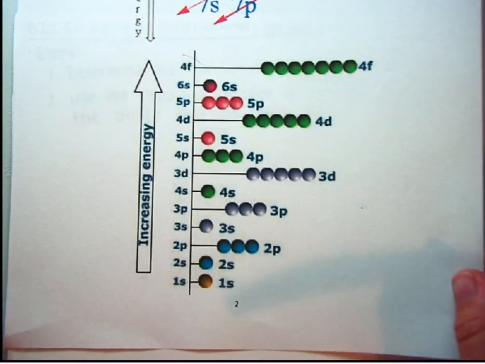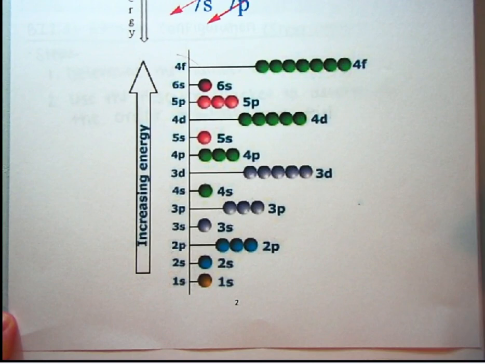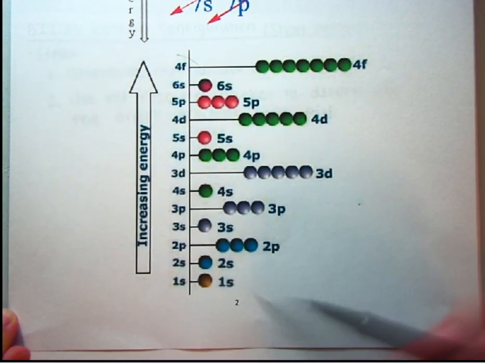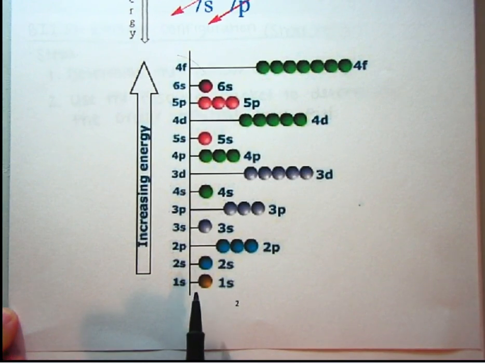I like the diagram on the bottom. I think it is easier to read. Energy increases as we go up. So that means orbitals at the bottom have lower energy.